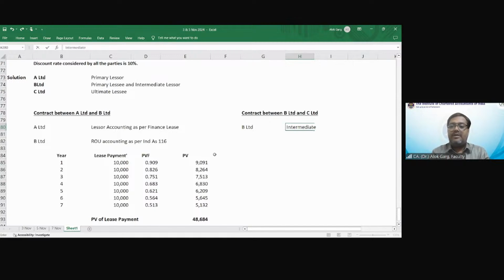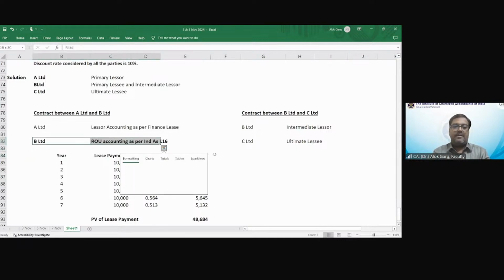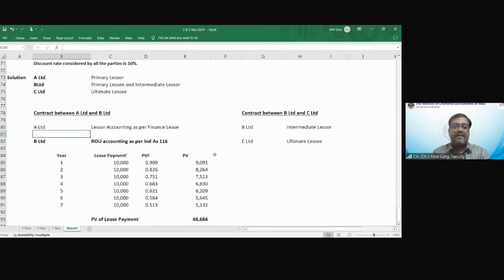Intermediate lessor. So B will do the lessor accounting, and C Limited is the ultimate lessee. So this accounting is happening in the books of B Limited, correct?